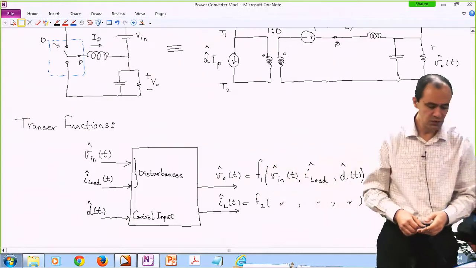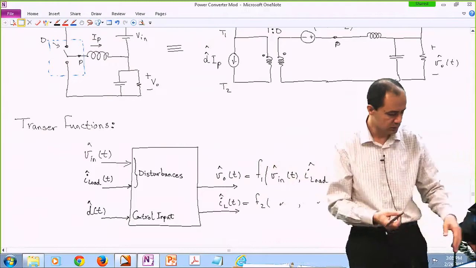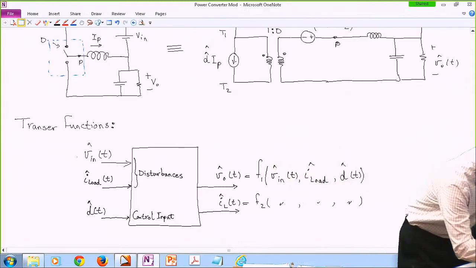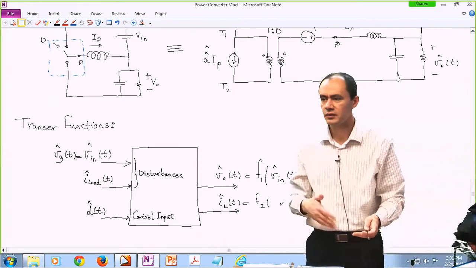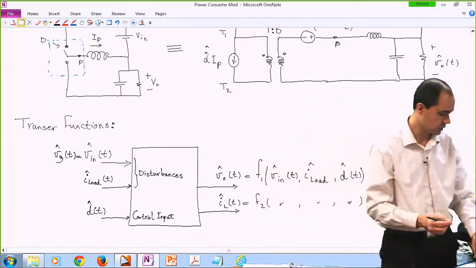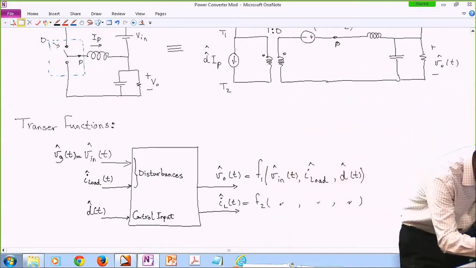Now, in most of the textbooks, unfortunately, this is going to get a little bit confusing. Instead of Vin, they write it as Vg. Okay? So I don't know, G stands for generator or whatever it is. A lot of places, in a lot of books, they use Vg.